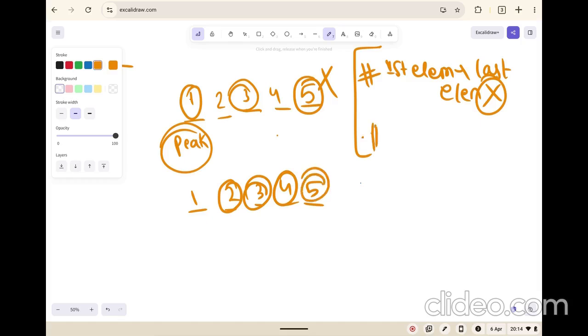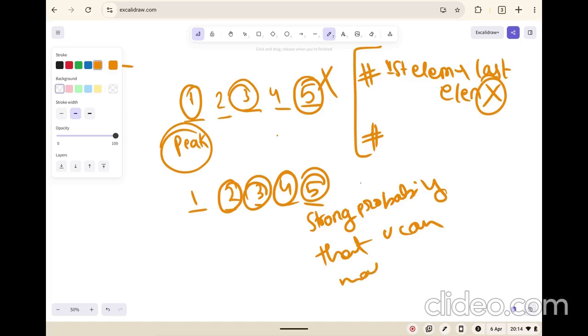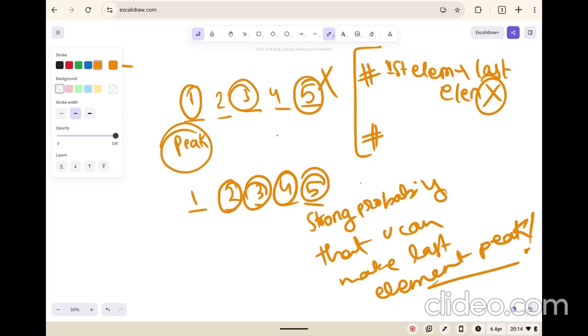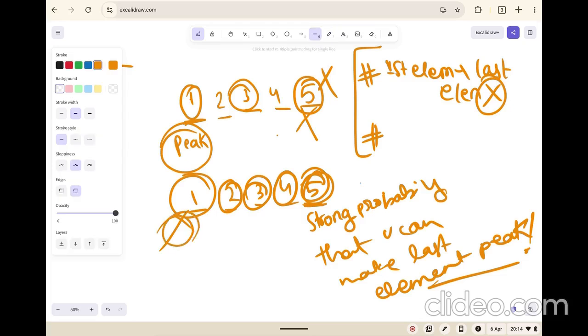So if you don't take your first element as a peak, then you have a strong probability that you can make your last element a peak. So if you take the first element, the last element can't be your peak, and if you take the last element, your first element can never be a peak. I hope we are on the same line.